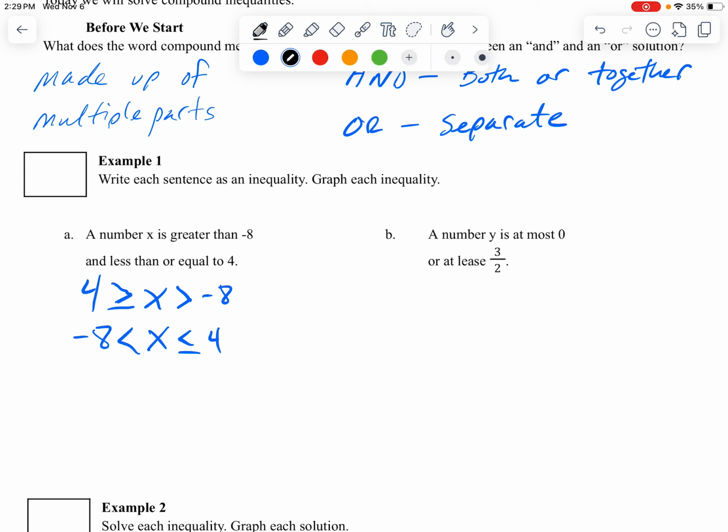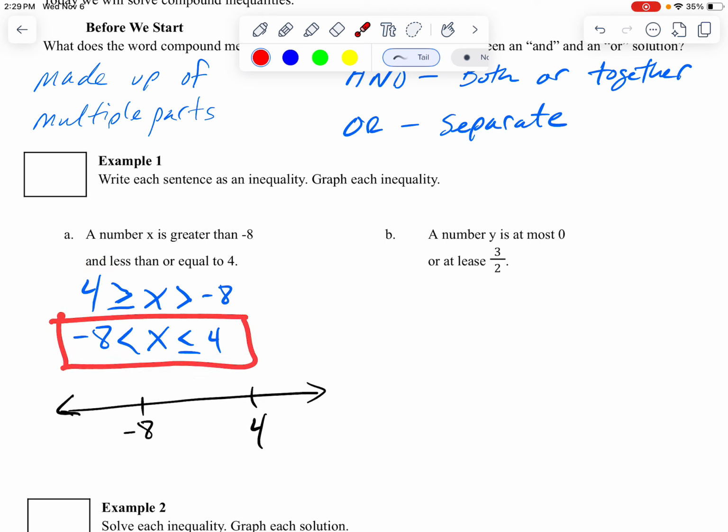So when we graph this, we've got our number line. I'm just going to put the smaller number to the left, which would be -8, and the larger number to the right. And notice that x is between them in this and case, right? For me, it makes more sense to read this one because I've actually got the smaller number on the left. x is going to be bigger than -8 and less than or equal to 4.